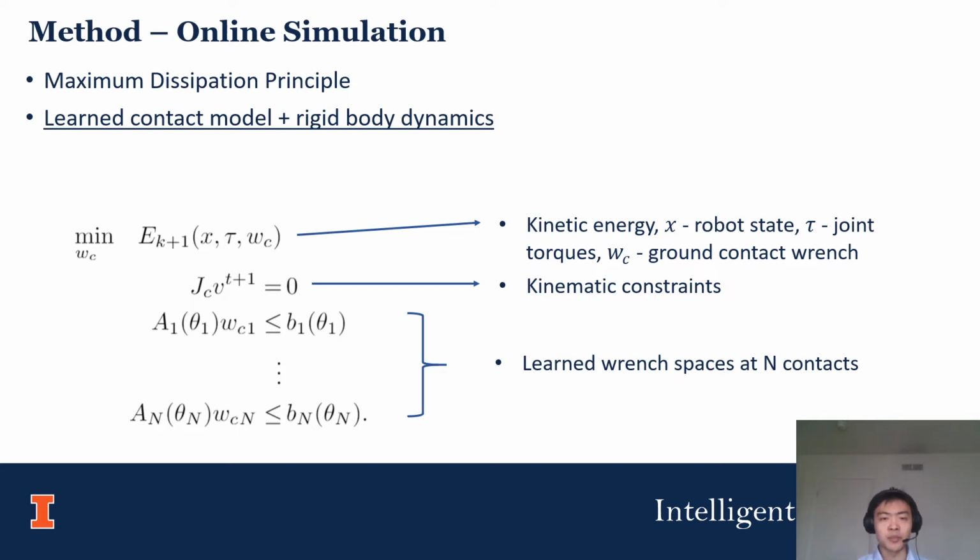These wrench spaces are computed first by running a collision detector, which computes the depth and angle of the ankles in the sand, and then by querying the learned contact models, we get these half-space representations of the convex wrench spaces. Note that this optimization problem is convex with linear constraints, which means that we can solve this problem efficiently in polynomial time.